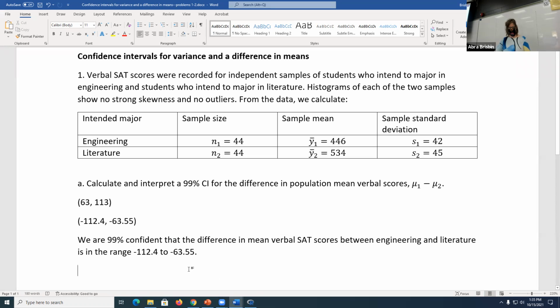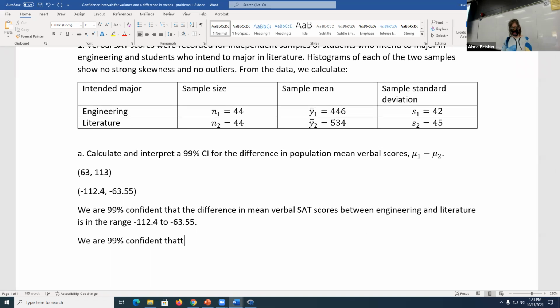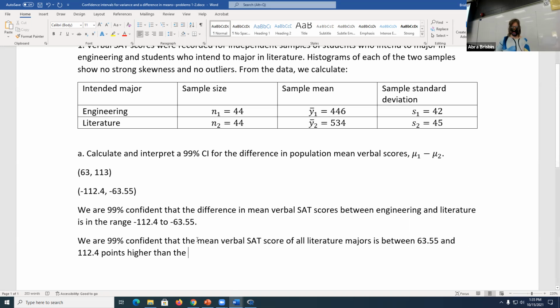So we could say we're 99% confident that the mean verbal SAT score of all literature majors is between 63.55 and 112.4 points higher than the mean verbal SAT score of all engineering majors.